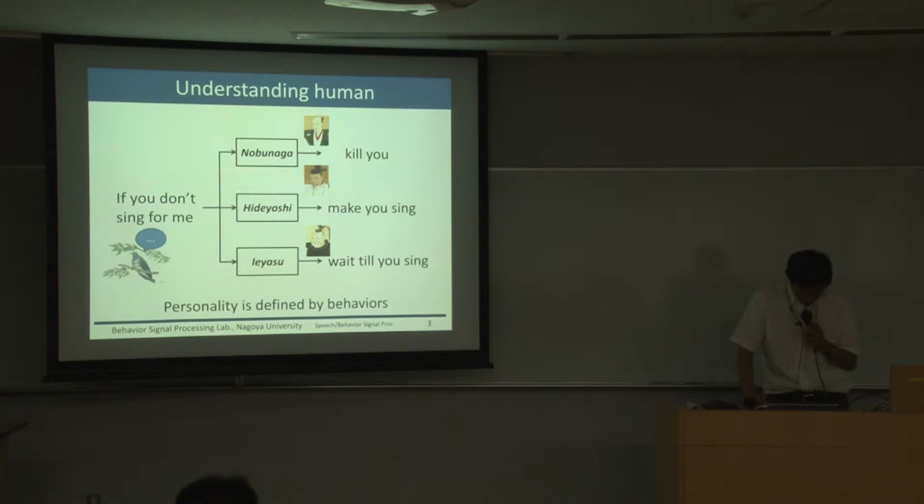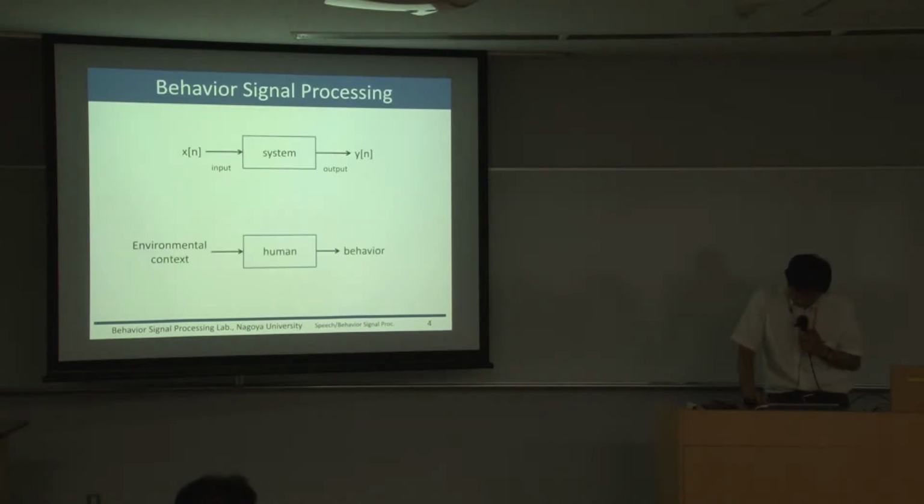So the system is completely represented by a mathematical theory like signal processing. This discrete-time signal processing or even continuous-time signal processing is a fundamental and established discipline. Therefore, you can fully utilize these technologies.